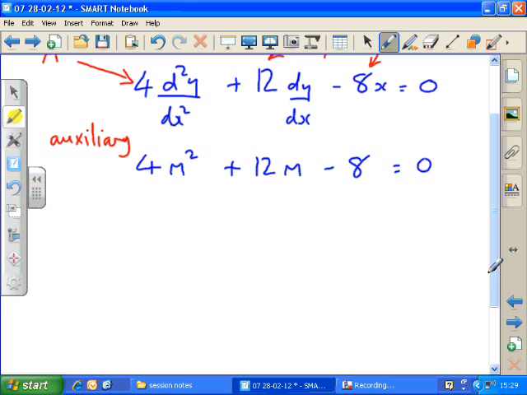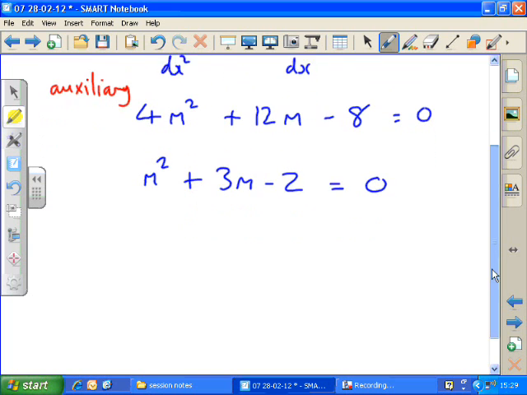So if I were doing this, the first thing I would do is try and simplify it and make the coefficient of m squared 1 by dividing through by 4. So I would get m squared plus 3m minus 2 equals 0, which makes the whole thing fairly straightforward.